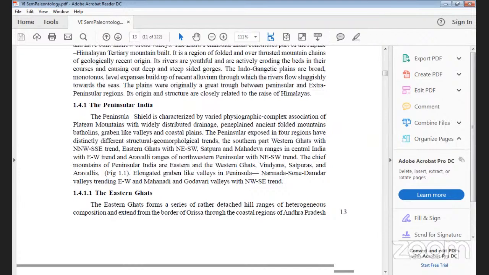The Aravalli ranges of the northwestern peninsula have a northeast-southwest trend. And of course, the chief mountains of peninsular India are the Eastern and Western Ghats.